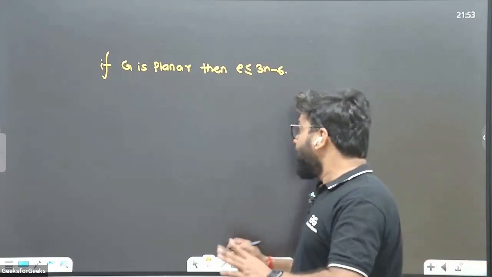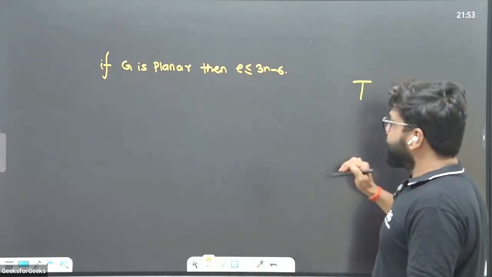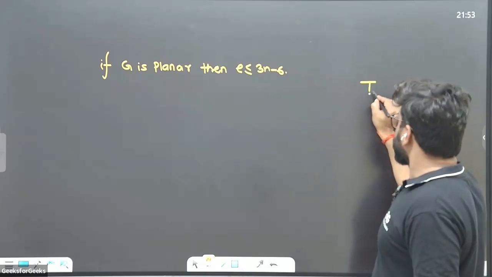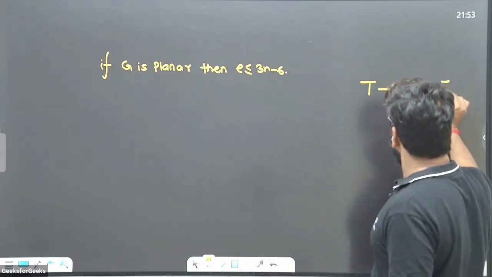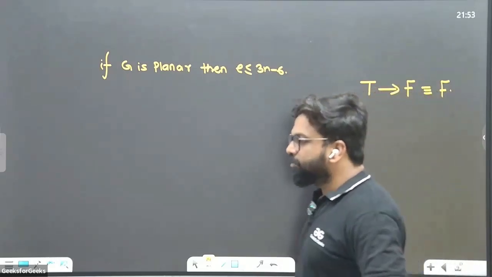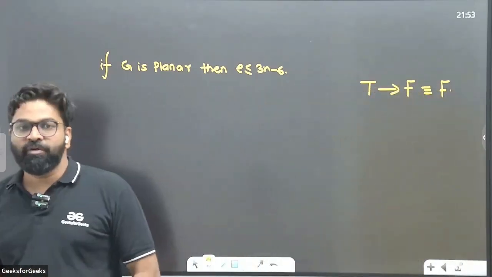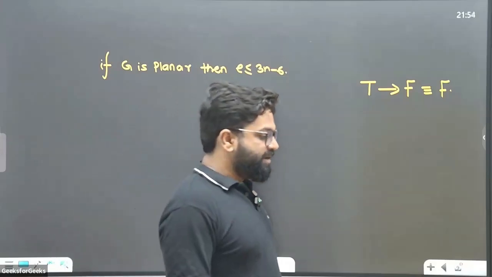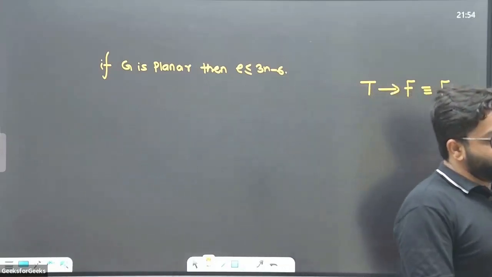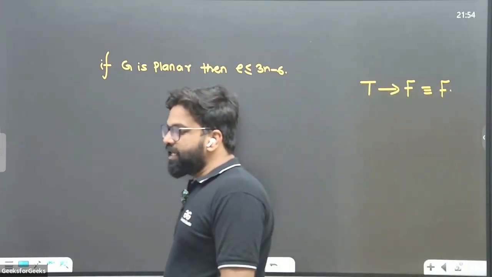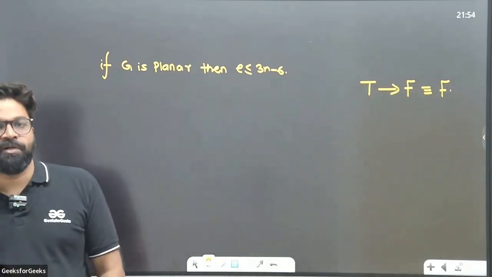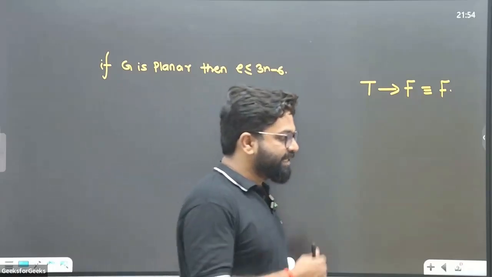My theorem is wrong only if I have promised the left side is true and the right side is false. Then only it will become false. Otherwise, it will never become false. You cannot say that otherwise.